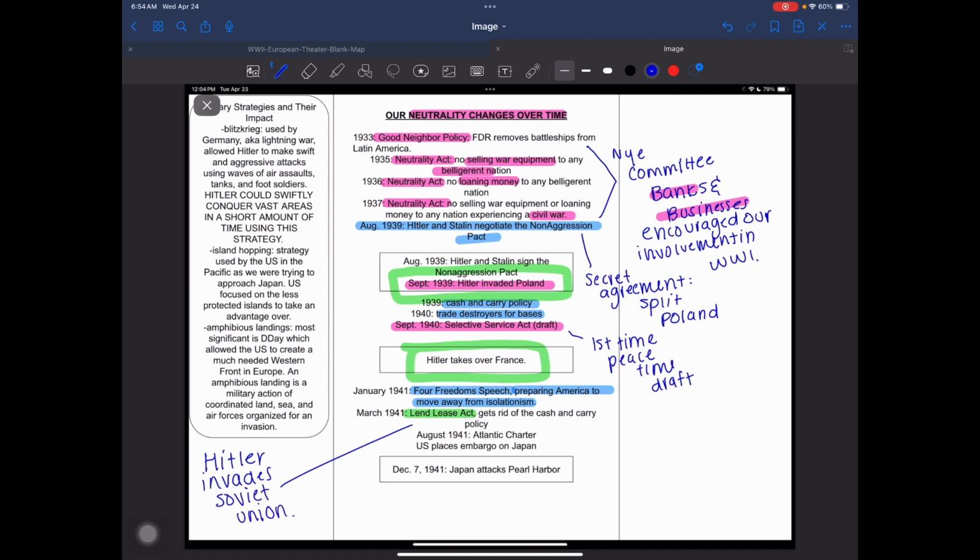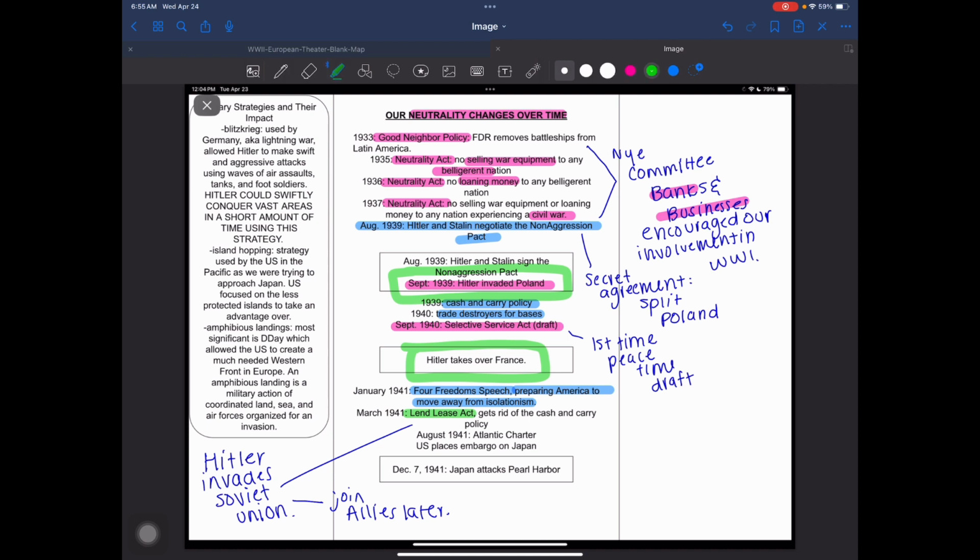He invades the Soviet Union, so that non-aggression pact has been thrown out, and the Soviet Union will actually join the Allies with us later. All right, so that was a very, very bold move for Hitler.